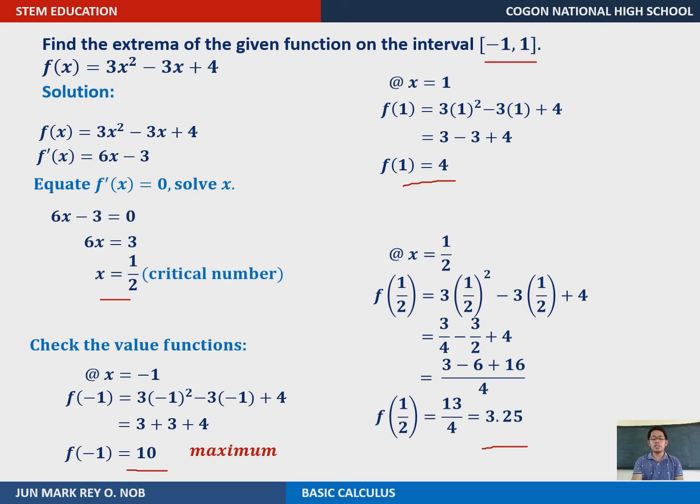Of course, 10 is the maximum and 3.25 is the minimum. Therefore, the function attains its maximum value of 10 when x = -1, and its minimum value of 3.25 when x = 1/2.